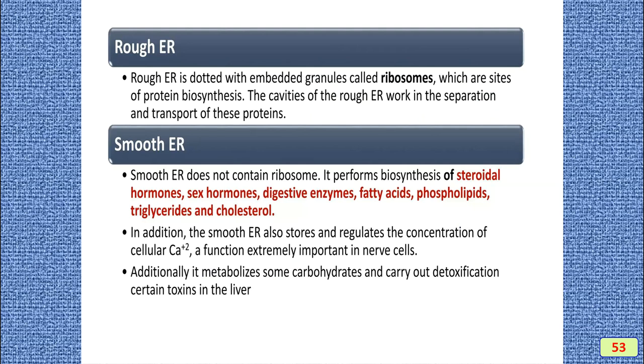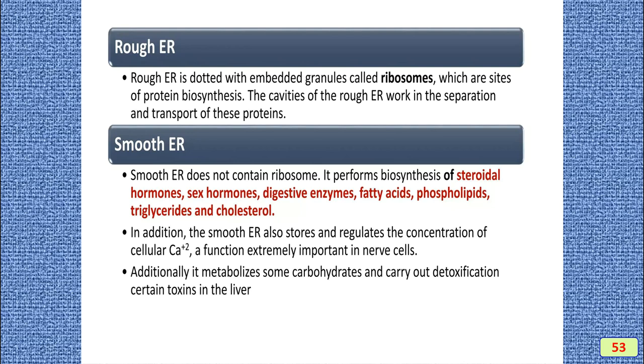The structures on the rough ER are called ribosomes, and the smooth ER has the very important function of the synthesis of steroidal hormones, sex hormones, then digestive enzymes, fatty acids, then phospholipids, triglycerides, and lastly the cholesterol.